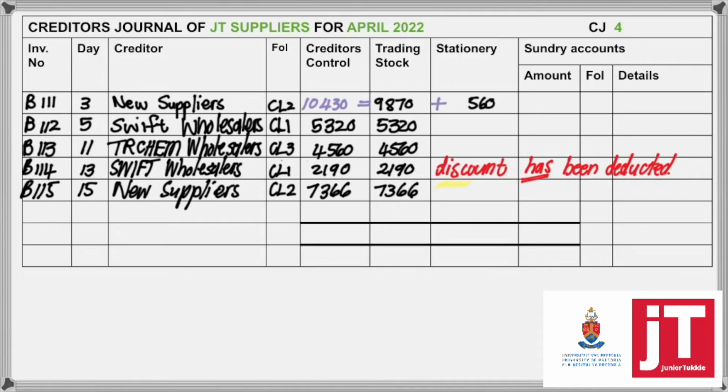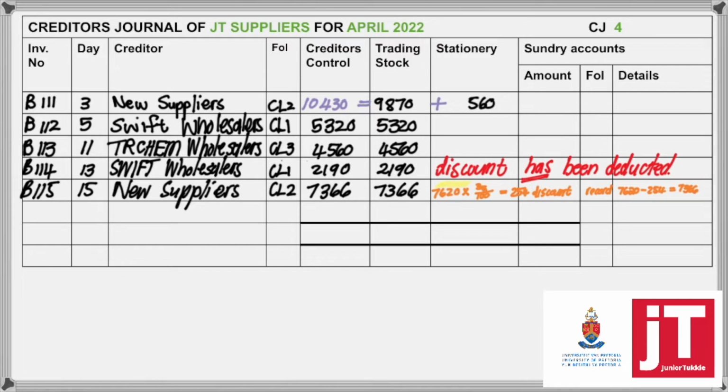Then on day 15, bought a new cash register on credit from new suppliers for 7,620 Rand, subject to trade discount of 3.5%. So remember, the 7,366 Rand is after I've deducted the trade discount of 254 Rand. And you can see the calculation there that I have from the previous slide.